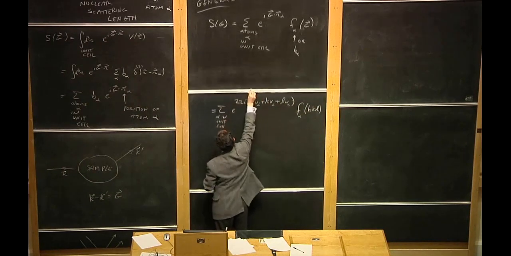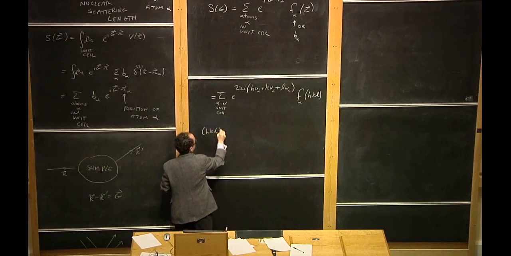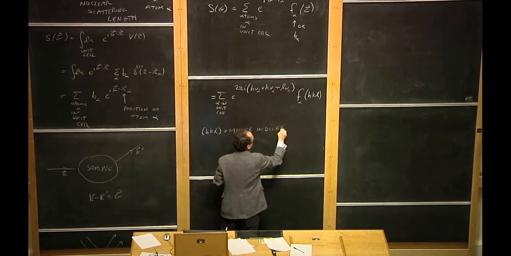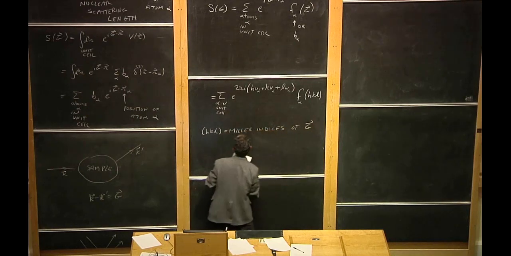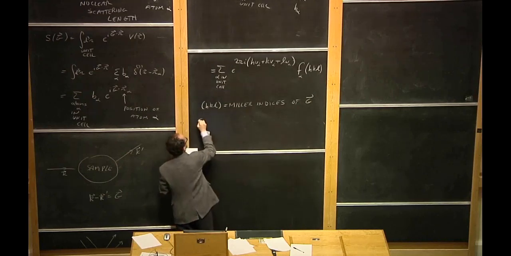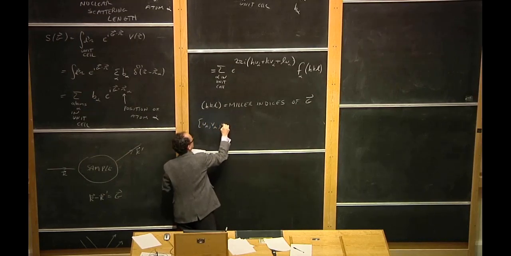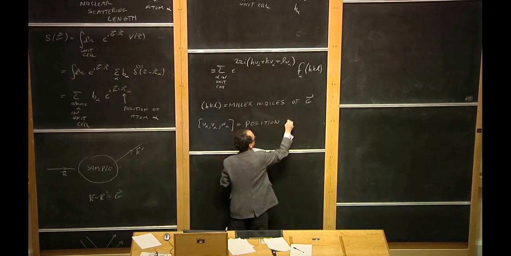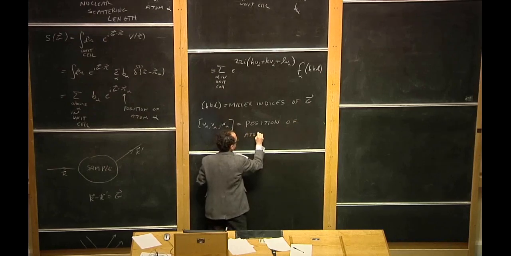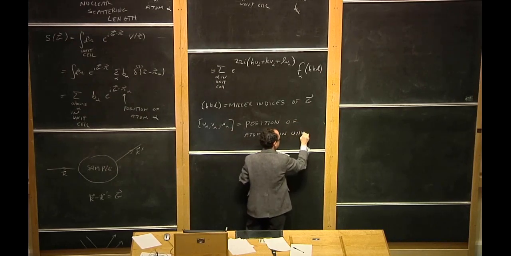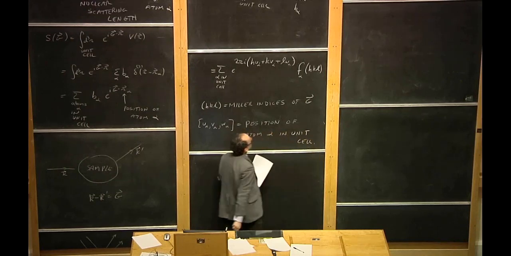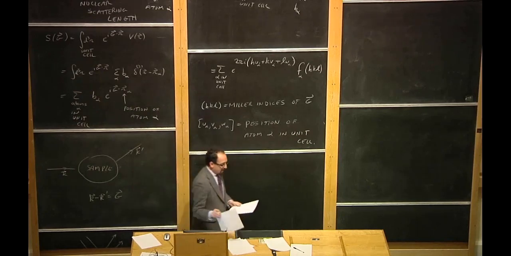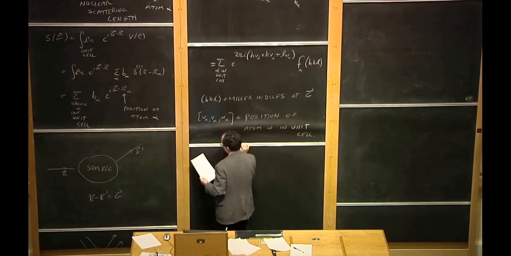So here, hkl are the Miller indices of the g vector, and u alpha, v alpha, w alpha equals the position of atom alpha in unit cell. Okay, does that make people happy? Good so far?